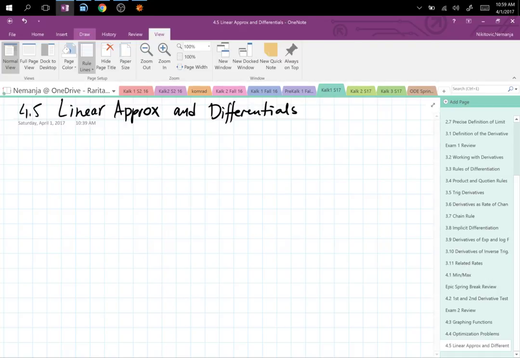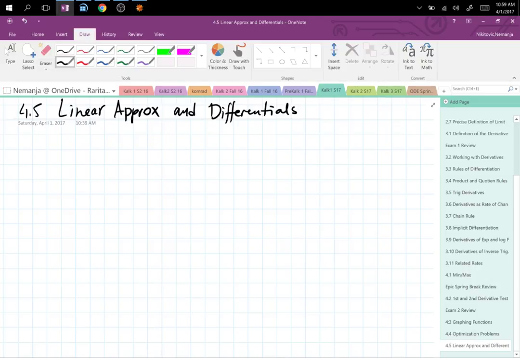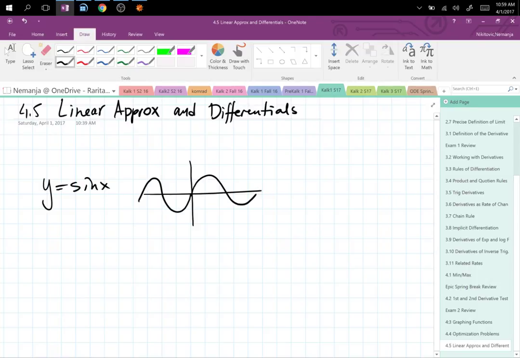So to give you immediate use, say that you have the function y equals sine x. You know that that function is a sine wave that looks like this. But then, this is the line y equals x.